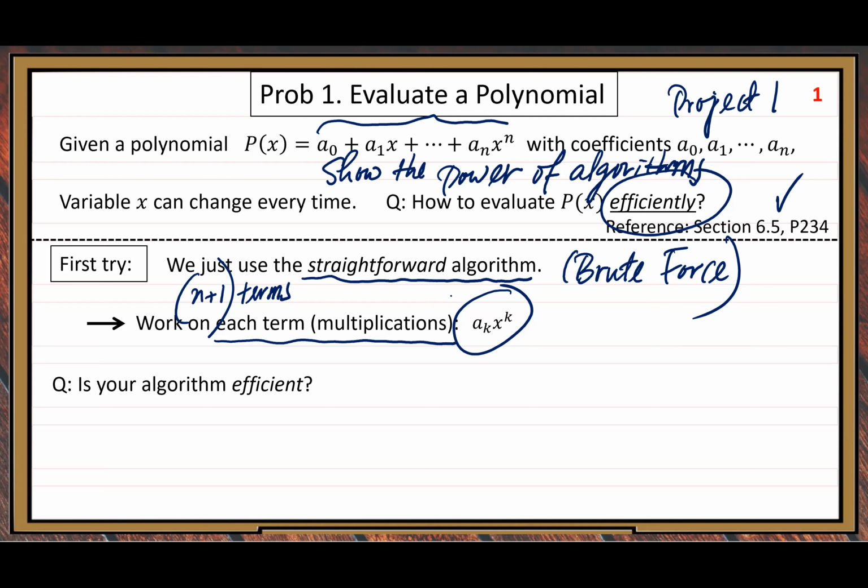I would like to view the chat message area. All right, here I can see it. Anyone can type the answer: how many multiplications do we need to find the value of this term? Anyone? The answer is short.